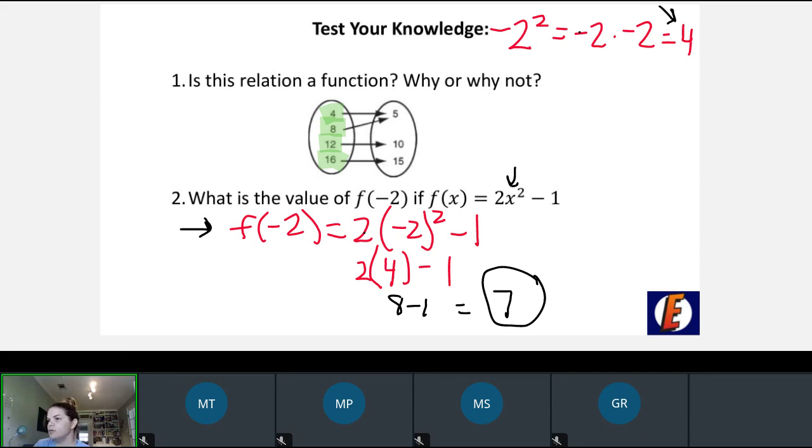The reason it turned into -2 is because it says right here to evaluate f of -2. So instead of f of x, it's going to be f of -2. So anywhere there was an x, it's going to become -2.